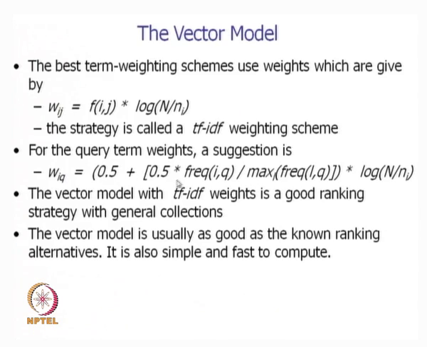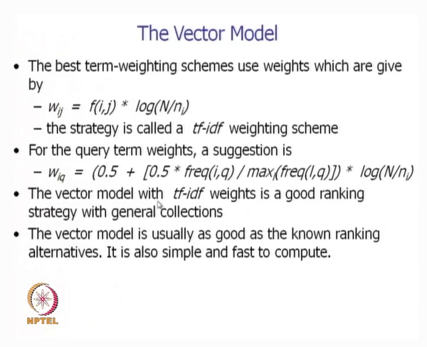It is found to be a good formulation of the weightage of a term in the query, and that comes from the fact that the query is typically very small. It is a document, quote unquote document, with a small number of terms, and therefore we have to see how to weight the terms in the query. Also, it is not clear how to get the IDF value of a query term with respect to the queries. So, that is why this kind of empirical formulation is used.